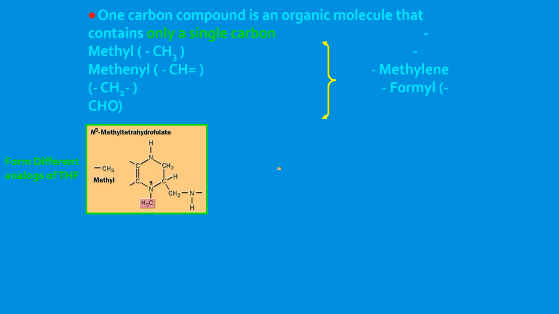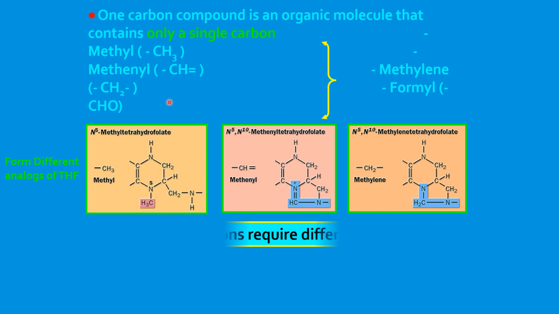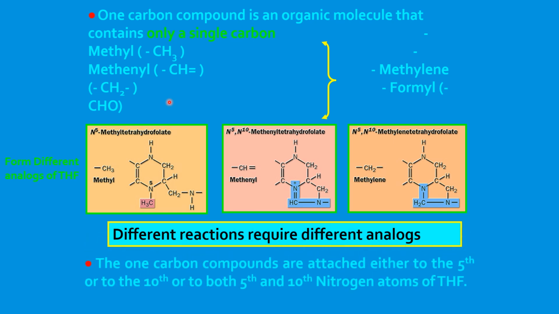The one carbon group can be carried in different forms. It can be carried in the form of a methyl group, CH3, a methylene group, CH2, or a formyl group. Here are different examples.